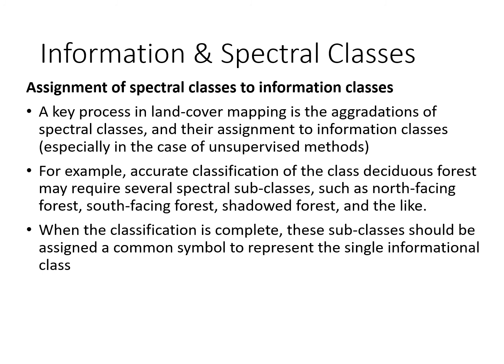And then this is a relatively simple procedure. You can just take those individual subclasses that you've come up with, so a north-facing, a south-facing crop situation, and just recode them in a GIS operation to a single crop type.